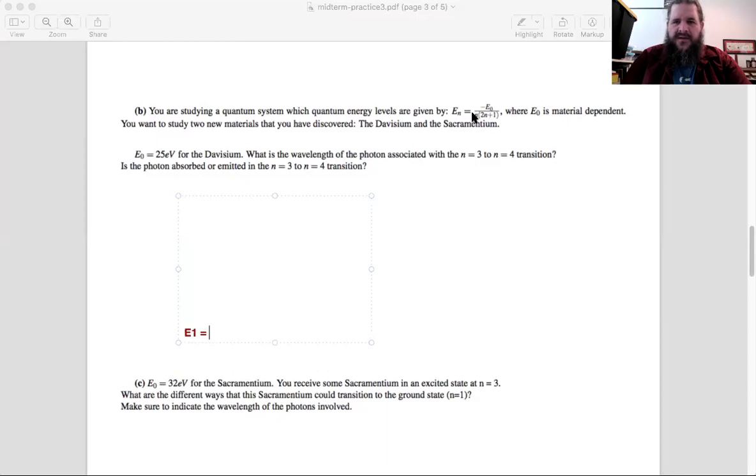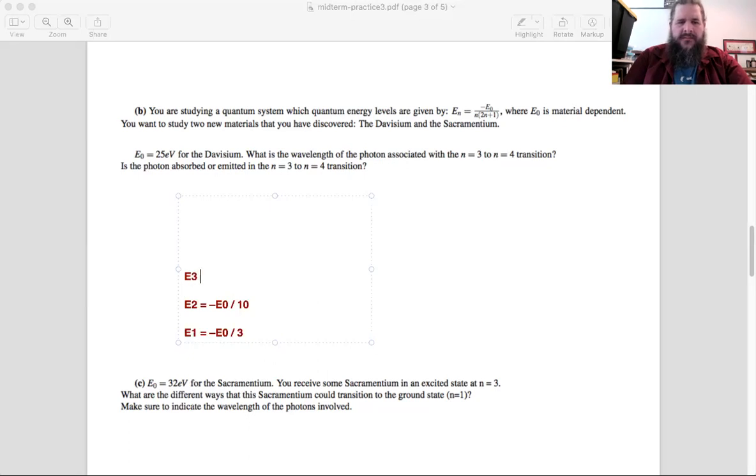We've got 1 times 2 times 1 plus 1, so 1 times 3. So we get negative E0 over 3. Then if we plug in 2 times 2 plus 1, so 2 times 5, it'll be negative E0 over 10.